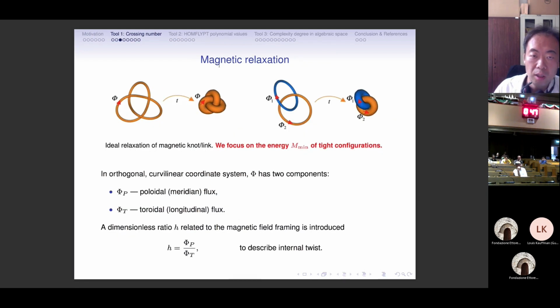We focus on the tight configurations of the knots and the links. That means if initially we have such a knot, we ask it to relax, and then finally arrive at this tight configuration. Then we focus on this one and that one, right? We compute the energy of this one and this one.